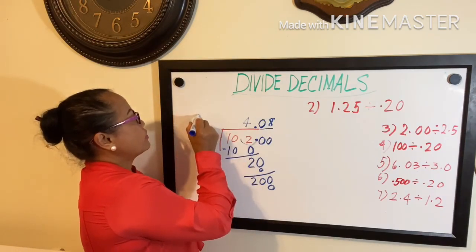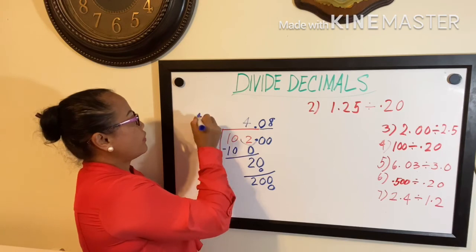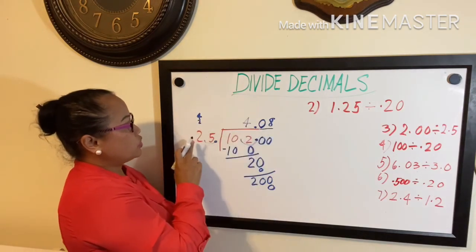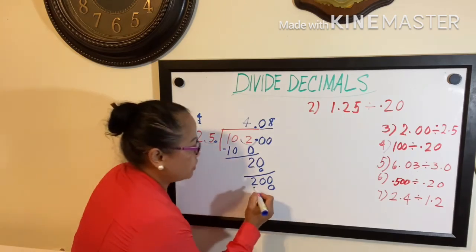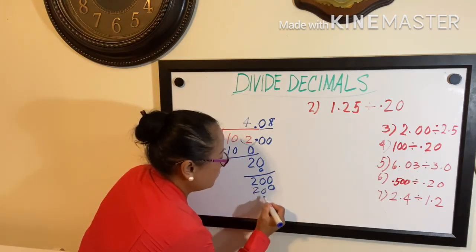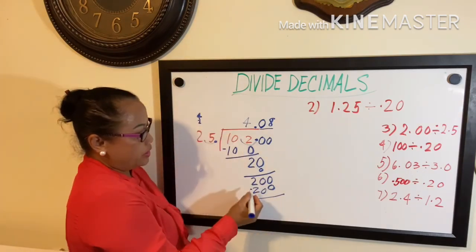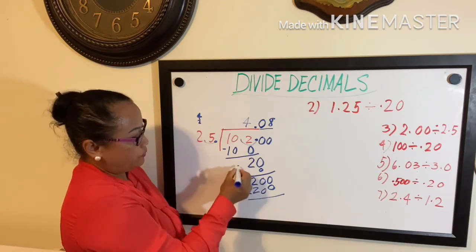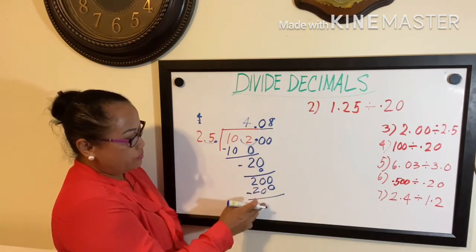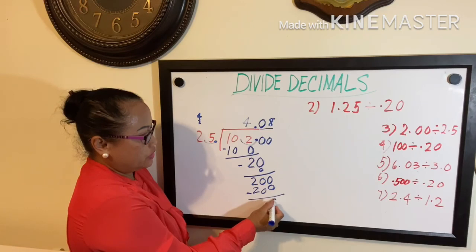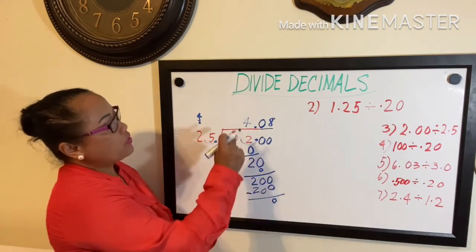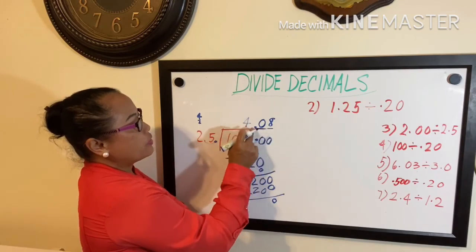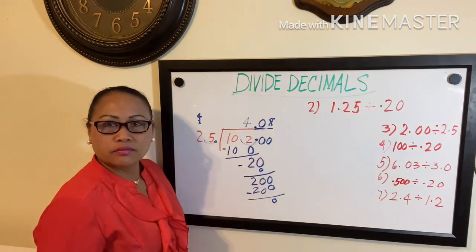Carry 4. 8 times 2 is 16. Plus 4 is 20. So 200, we will subtract now. 200 minus 200 is 0. So our answer is 4.08.